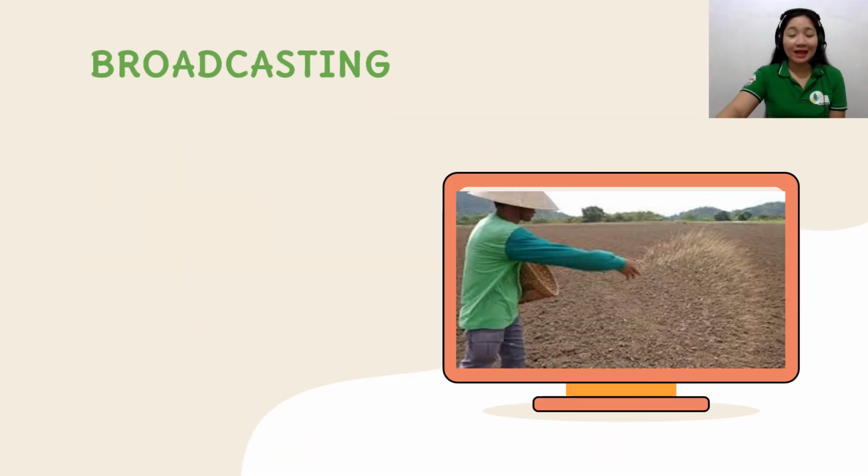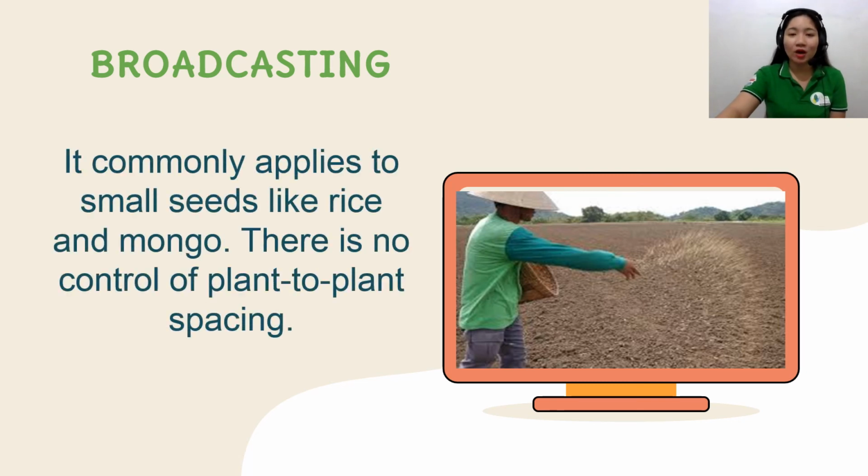Planting crops, class, by broadcasting or scatter planting, also known as sabog tanim, commonly applies to small seeds like rice and mungo. There is no control of plant-to-plant spacing, class. So with hand broadcasting, a volume of seeds is held by the hand and thrown.